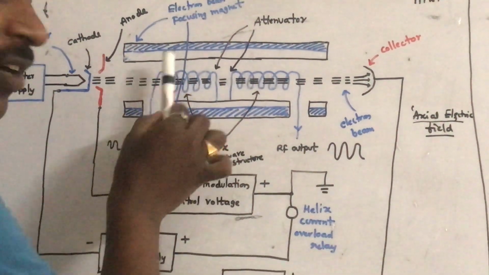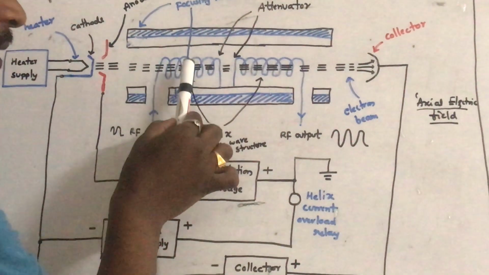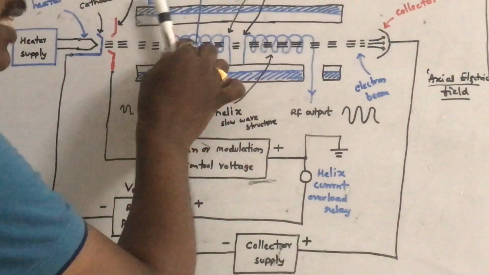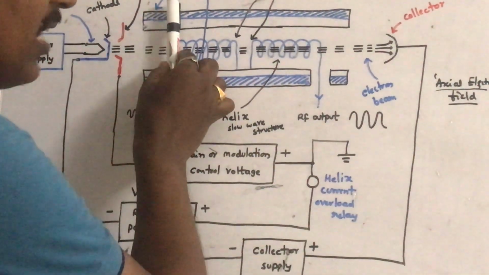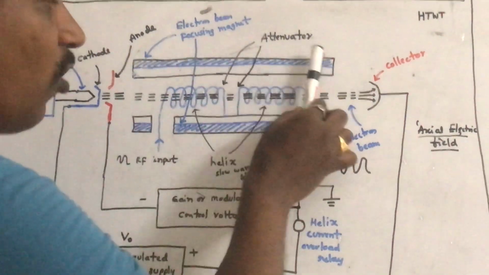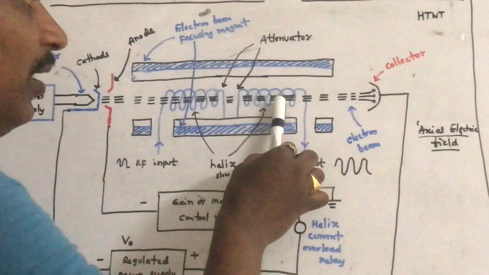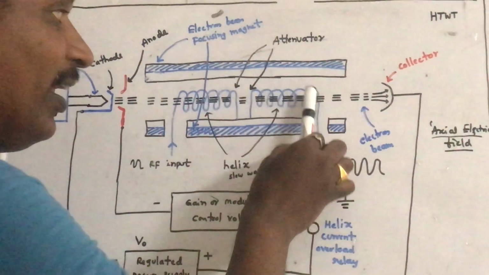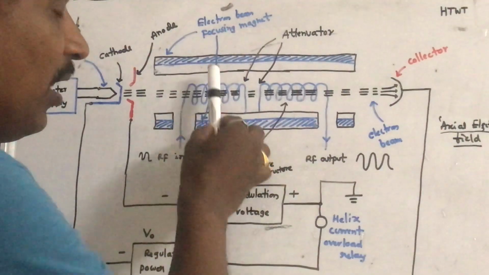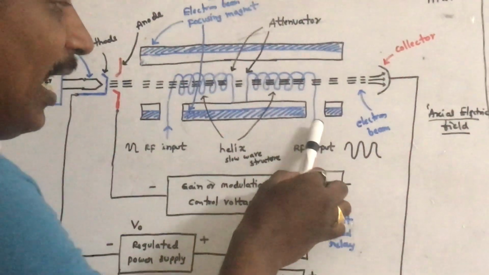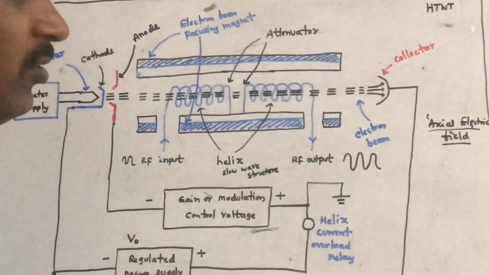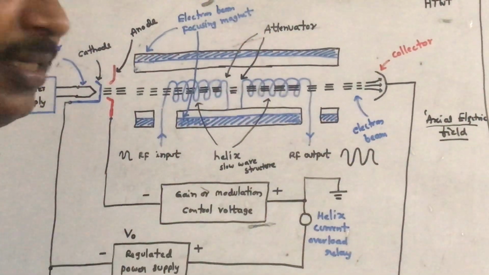Those electrons that fall into the retarding field transfer their energy to the axial electric field, so the field becomes stronger and stronger. In turn, the signal traveling in the helix tube becomes stronger. Finally, when it comes out of the helix, it is an amplified signal at the end of the helix. That is the process happening in this helix.